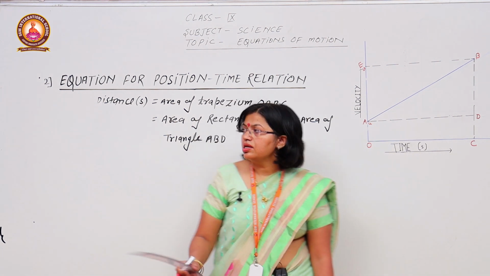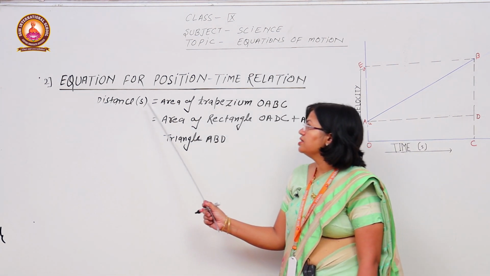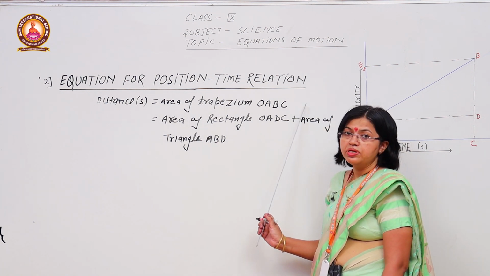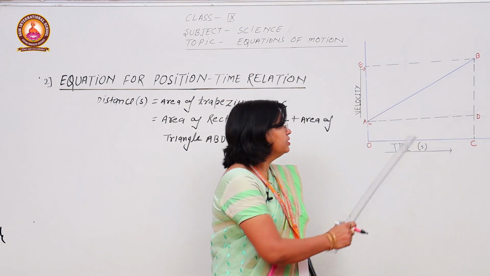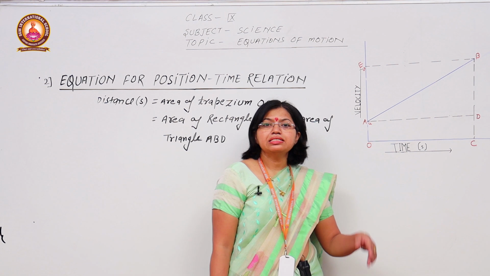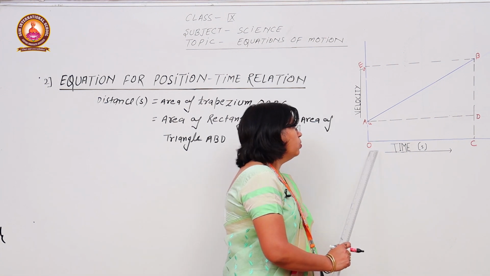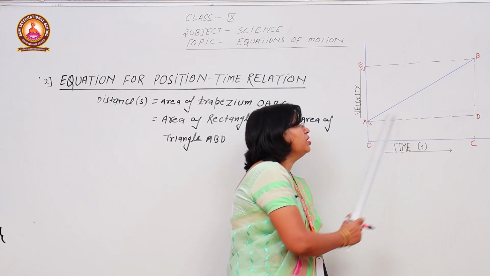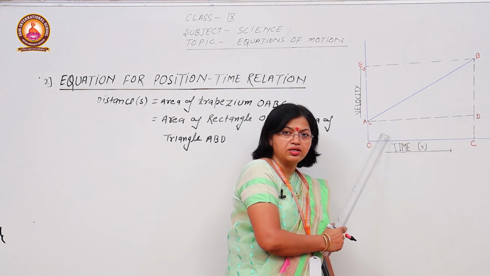Therefore, we can write down distance s is equal to the area of the trapezium OABC. Look at the graph. OABC comprises two figures. OADC is one rectangle and ABD is a right angle triangle.